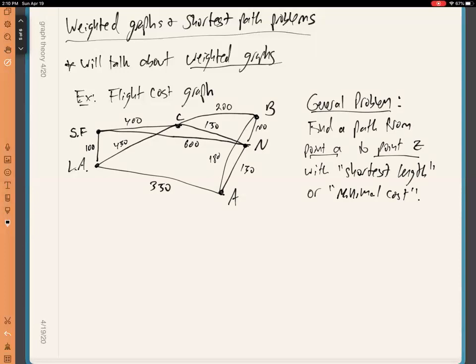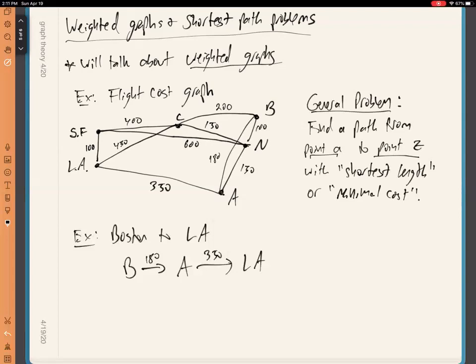So for example, let's say we wanted to find the shortest path from Boston to LA. Well, if you inspect the graph, you can see that if I travel from Boston to Atlanta, this costs 180. And then if I take the flight from Atlanta to LA, that costs 350.